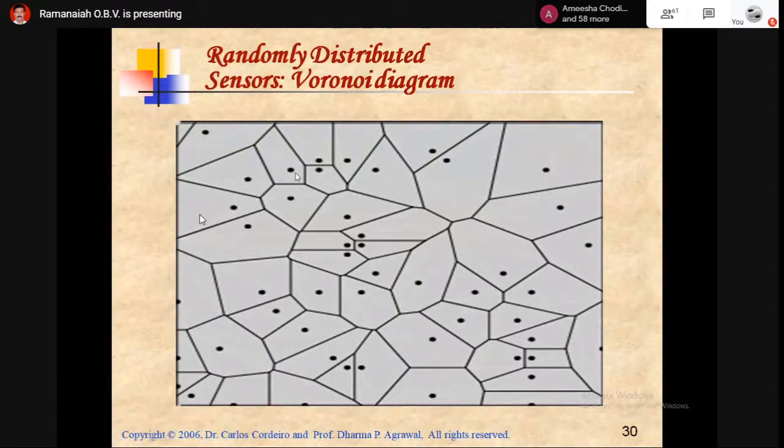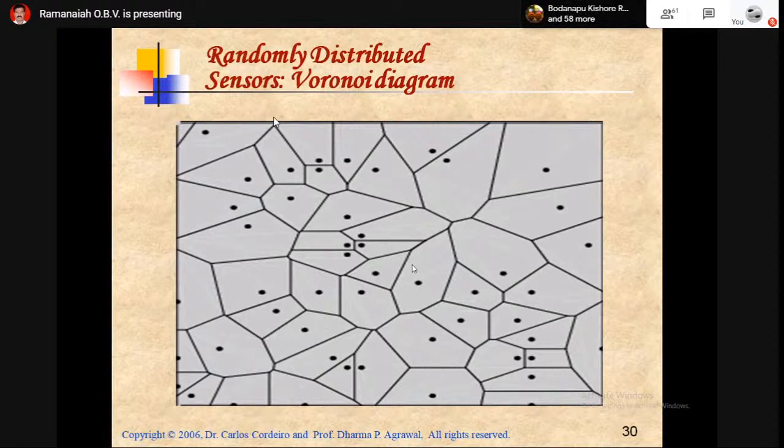Between every two sensors there is an equidistance line, the polygon edge is bisecting the line joining these two, the inter-sensor distance, right? That is how it is done. So this Voronoi diagram helps. This is taken as a random deployment, right?